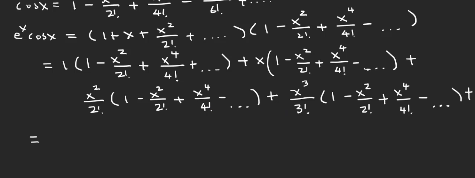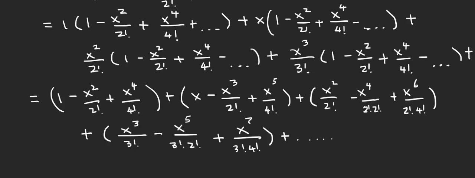Now, to be safe, what we're going to do is we're going to multiply x cubed over 3 factorial to this expression. Now, let's distribute. Let's multiply out and combine the like terms. So after you distribute, you get these terms. And then we need to add up the like terms.